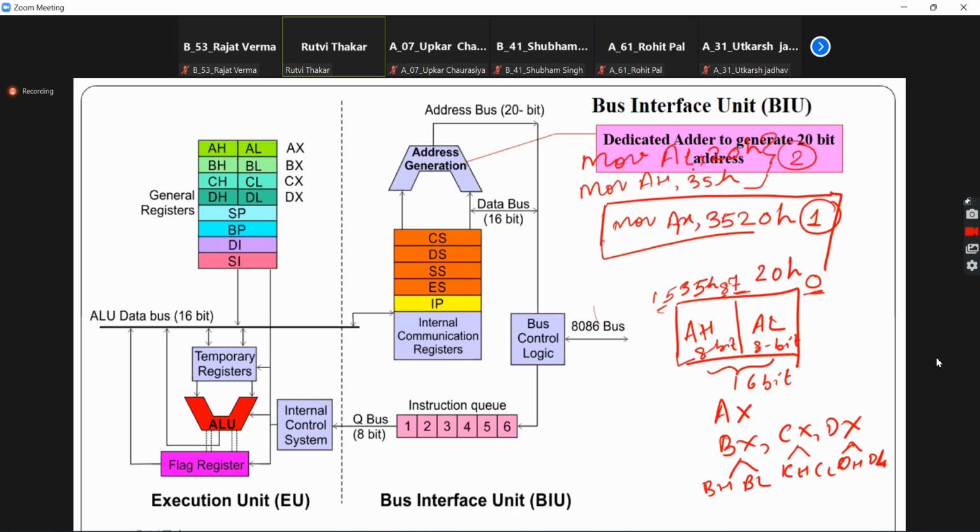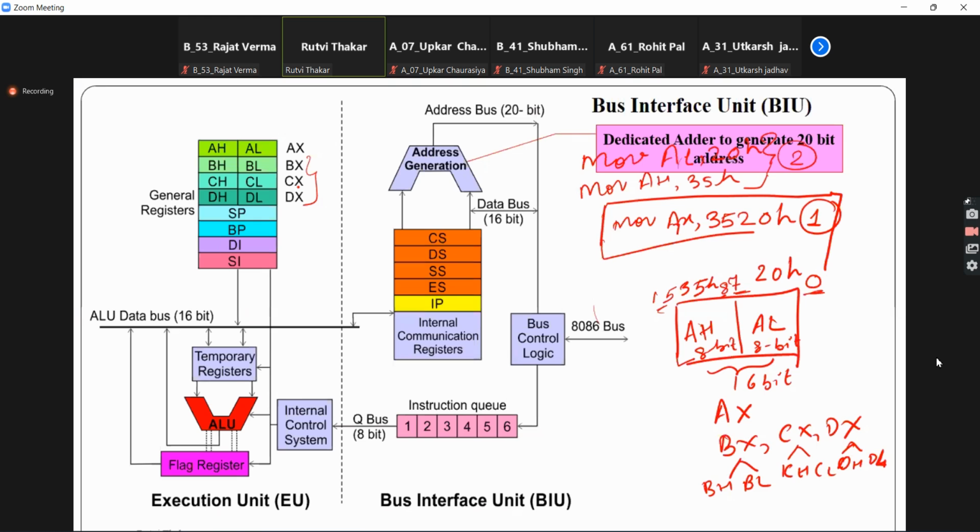Every time we may not require both numbers loaded the same way, so we will not use AX. If it is just 8-bit, we will use AH and AL. This applies to all 3 other registers as well, BX, CX and DX.